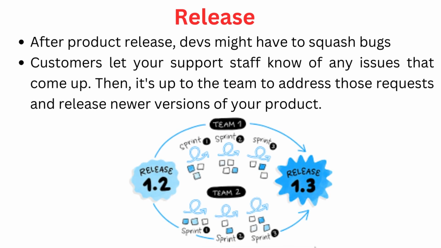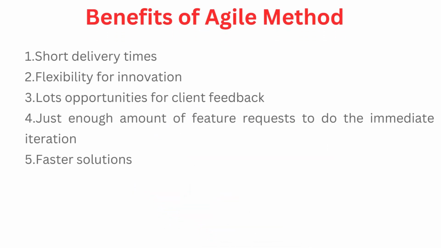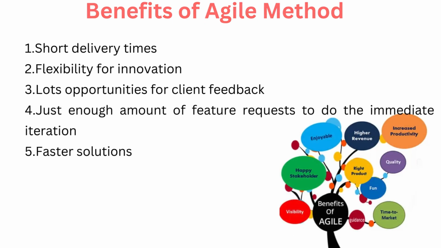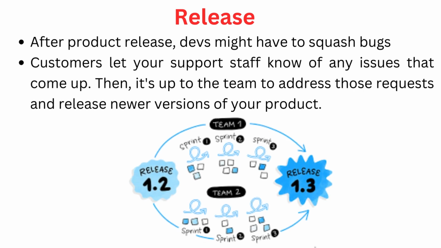This is the fifth and the last phase of the agile approach, which is the release. Here, after an iteration, the part of the developed system will be released to the customer.